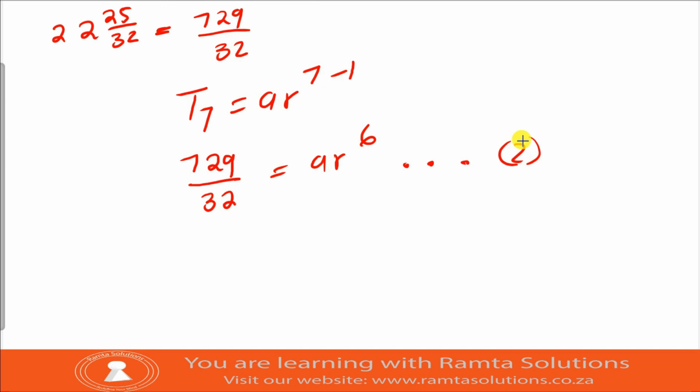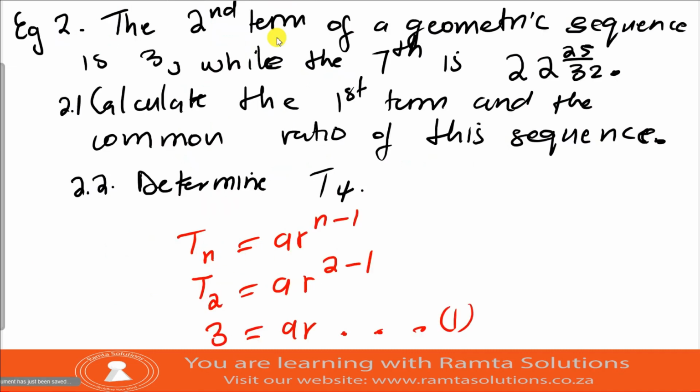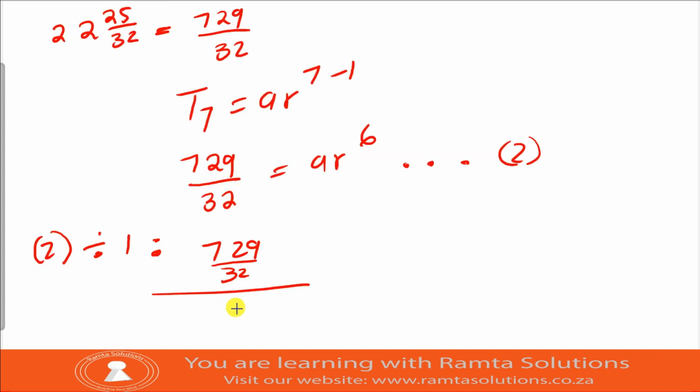Right? Now, hear me out. Equation 2 is AR to the 6. Equation 1 is AR. So, how about I say equation 2 divided by equation 1? What do I mean? 729 over 32 divided by 3, and here, it is AR to the 6 divided by AR.